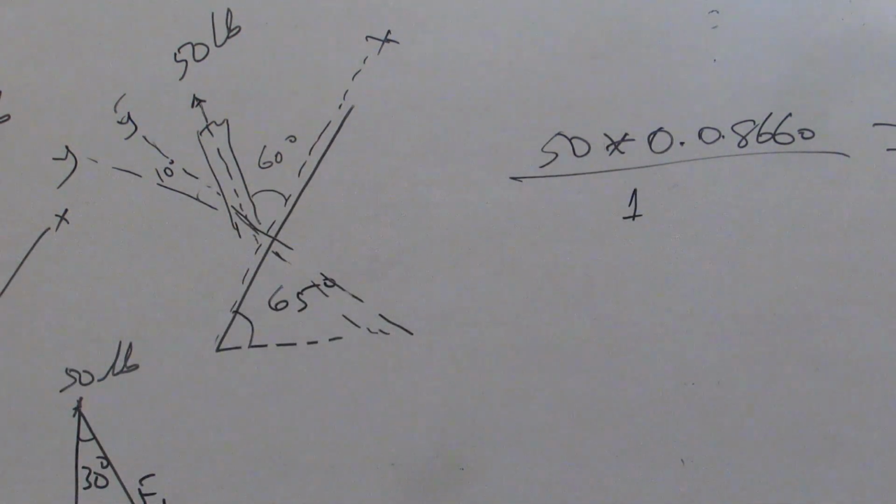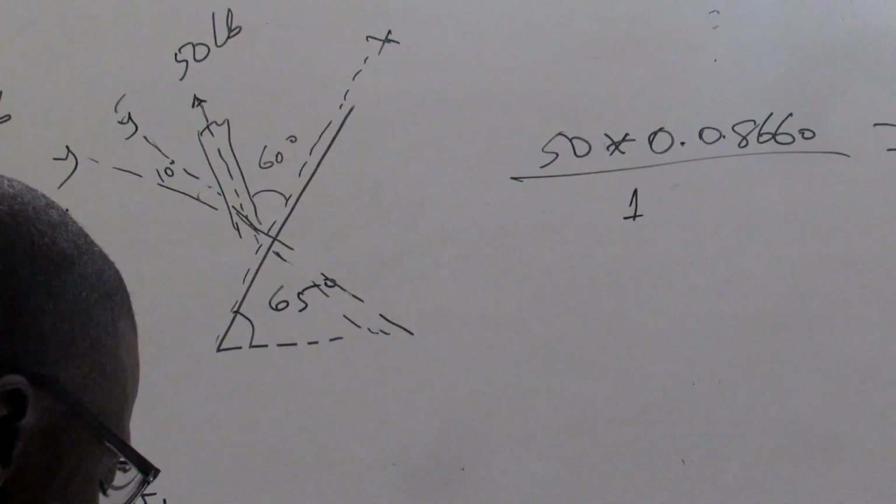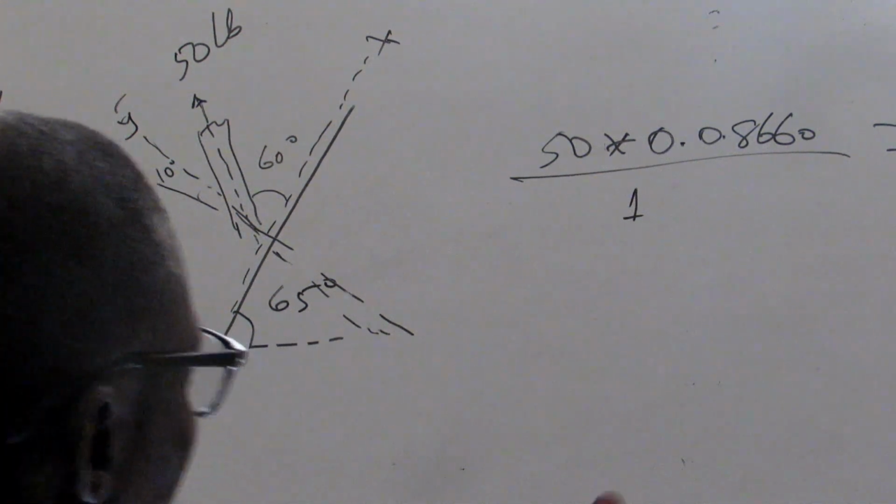Let's confirm that sine 90 degrees is equal to 1. Correct.